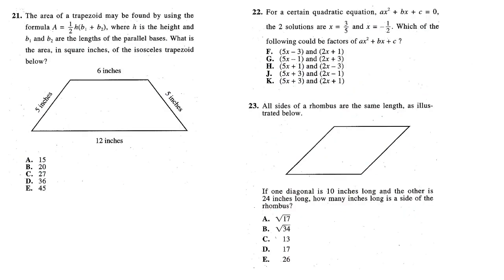Right, we have an isosceles trapezoid, so we know these side lengths are the same. These bases are parallel to each other. And we have our formula. We don't know what the height is, but we know the sum of our bases, 12 and 6, that's going to give us 18. So whatever our area is 9 times the height.